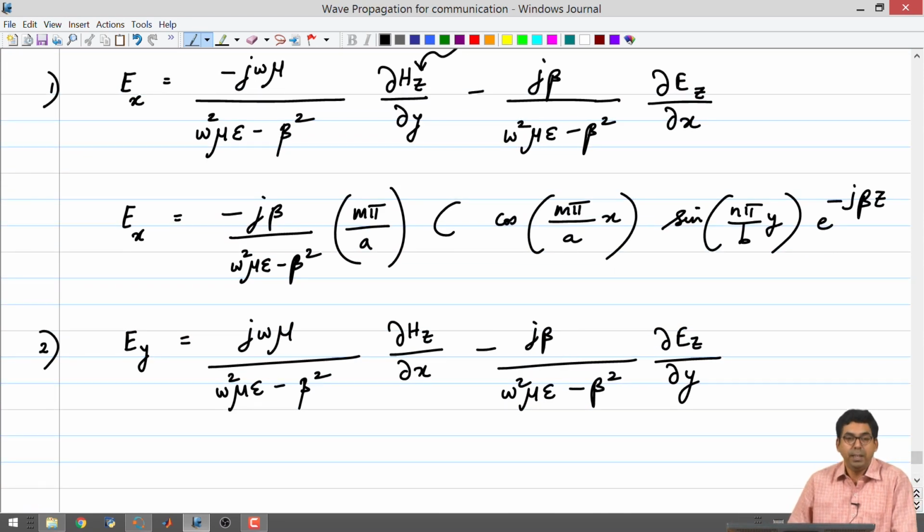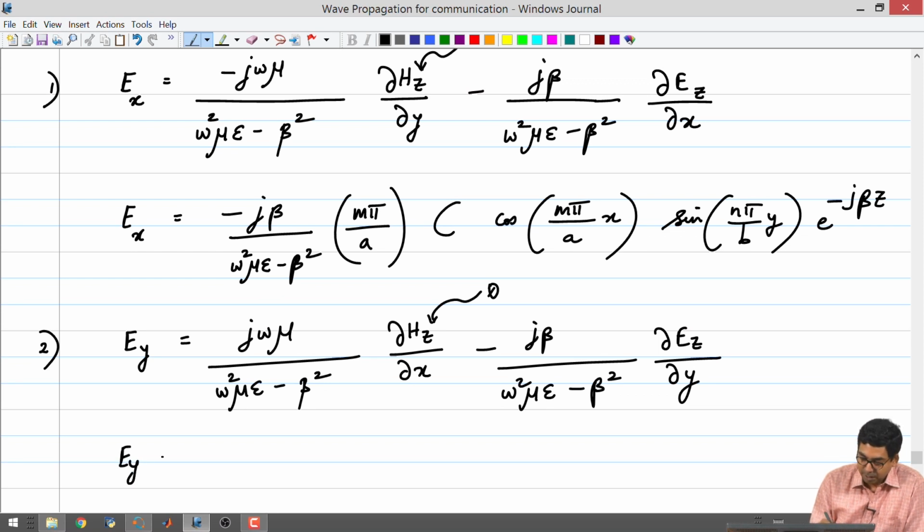This would be the form for Ey. Once again Hz will be made 0, the way we have assumed. So, you can get rid of this term, and then you will have to substitute for Ez. I have to take a derivative with respect to y. So, I can pretty much write down what Ey would look like.